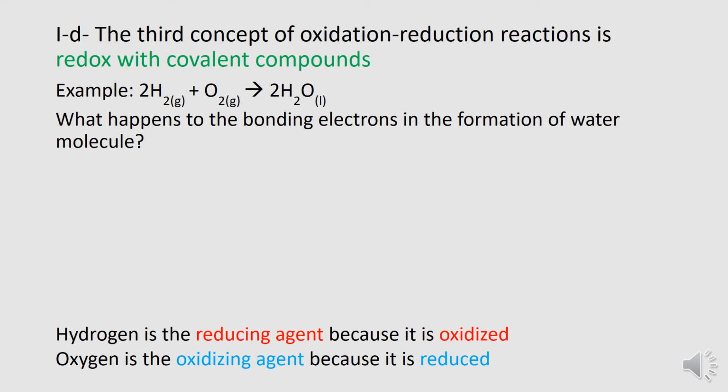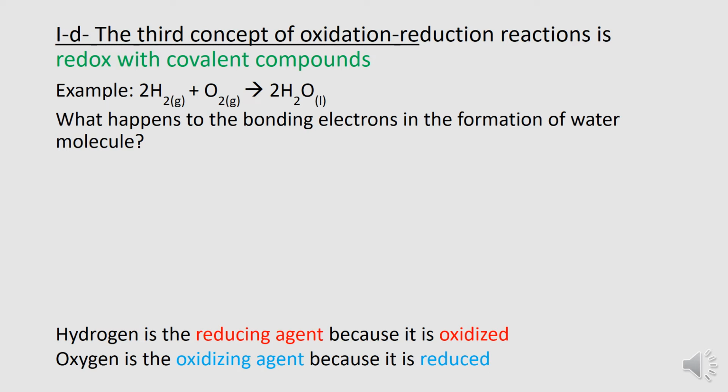Now let's move to the fourth part of the first objective, which is the third concept of oxidation reduction reactions: redox with covalent compounds. Example of this redox reaction: hydrogen gas plus oxygen gas gives H2O liquid. Here, what happens to the bonding electrons in the formation of the water molecule?